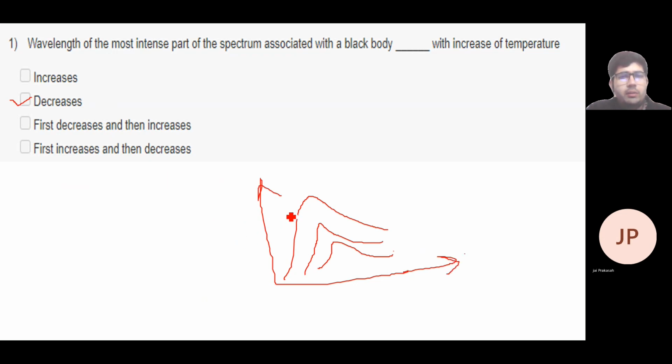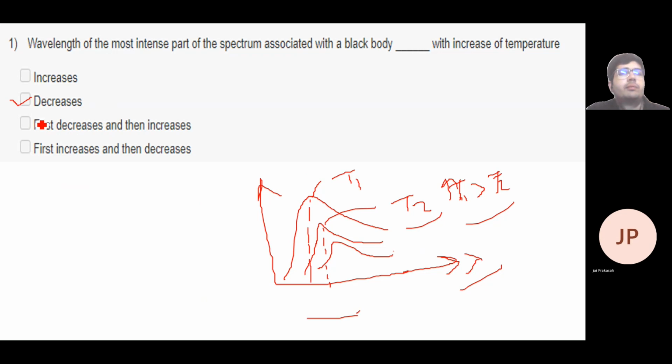The lower axis is wavelength. Suppose this is T1 and this is T2, where T1 is greater than T2. If T1 is more, the wavelength is less; when T2 is less, the wavelength is more. It will decrease.